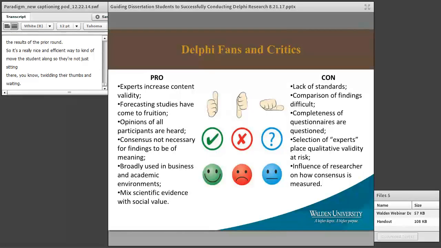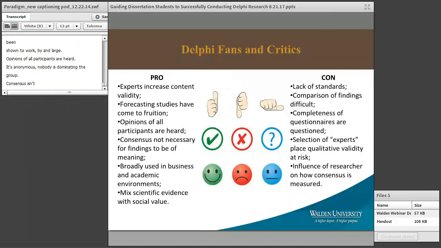With Delphi, there are fans and critics. On the pro side, very quickly, the experts increase the content validity. Studies have shown that the forecasts that come out of a Delphi study have actually been shown to work, by and large. Opinions of all participants are heard. It's anonymous. Nobody is dominating the group. Consensus isn't necessary for findings to be of meaning.